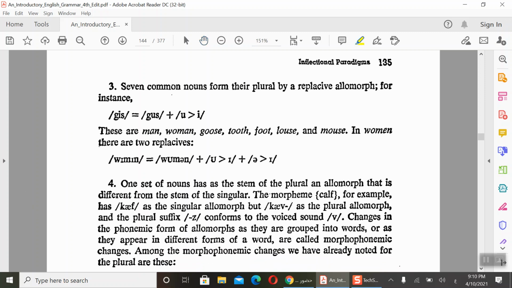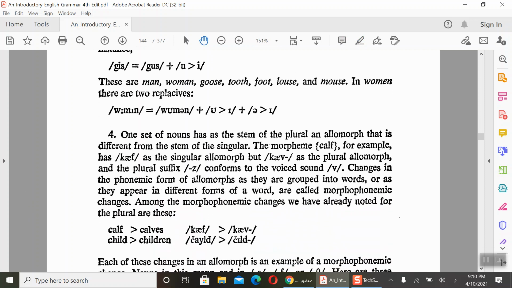Another group, number four. One set of nouns has a stem of the plural that is different from the stem of the singular. For example, calf has calf as the singular element, but in the plural we change. Some nouns change when we add s. These are, as I said, irregular.